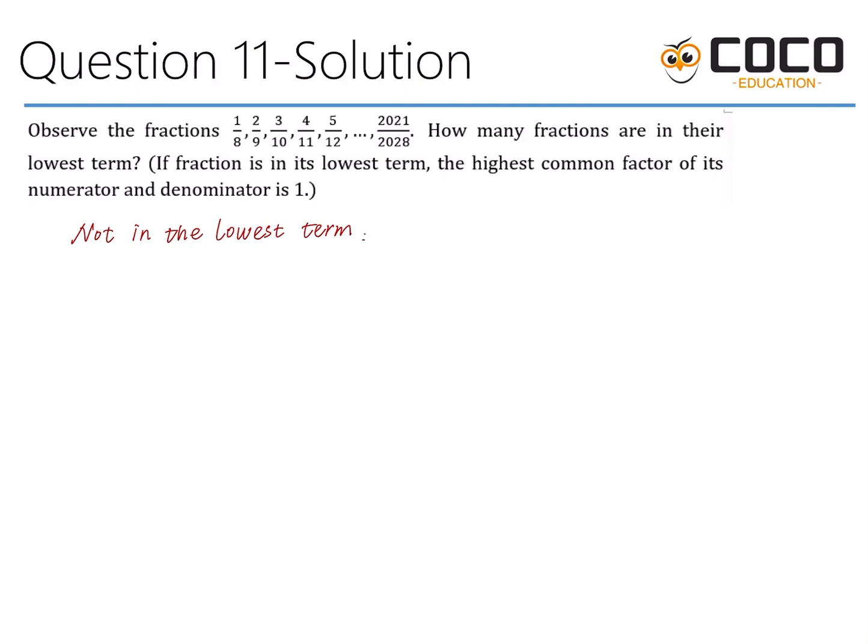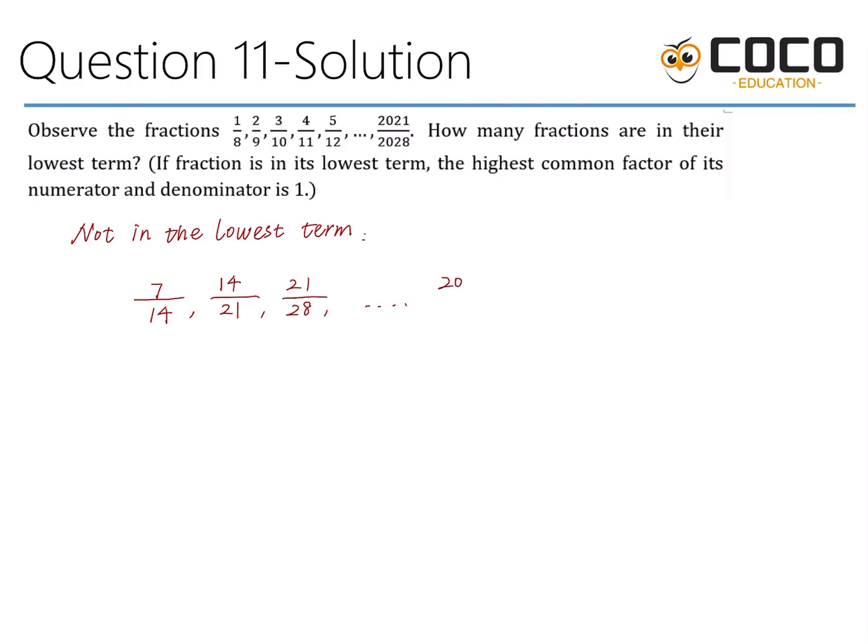Now, these will be the fractions where the numerator is a multiple of 7. So the first fraction is 7 over 14. Second fraction will be 14 over 21. The third one is 21 over 28.